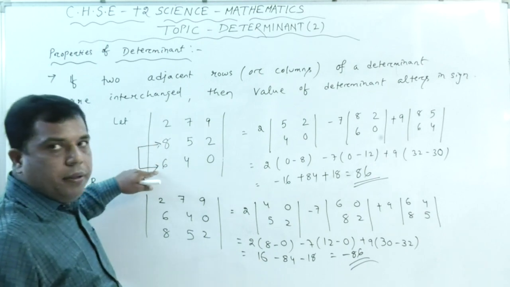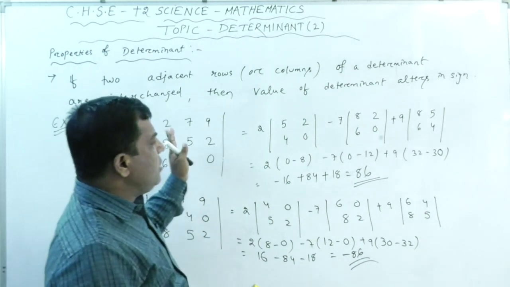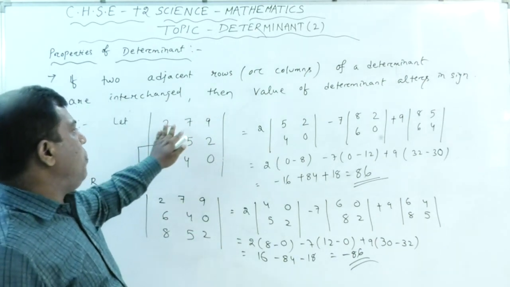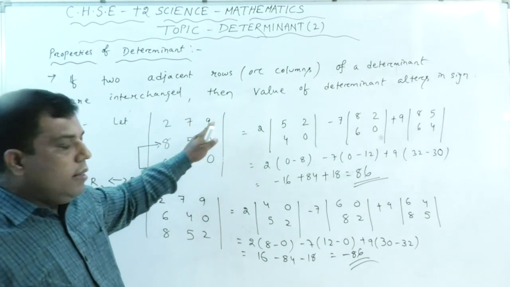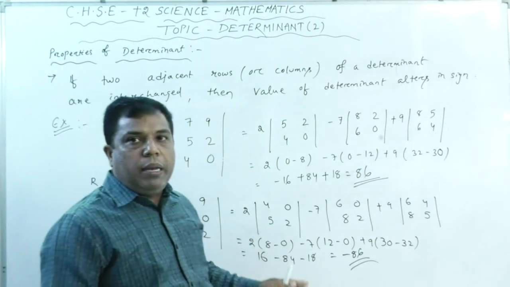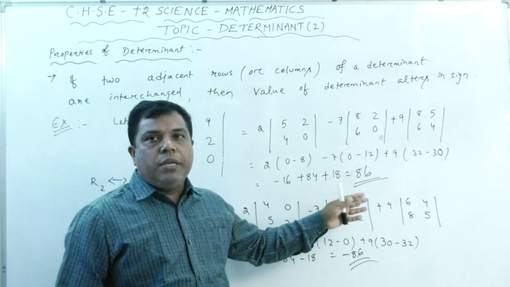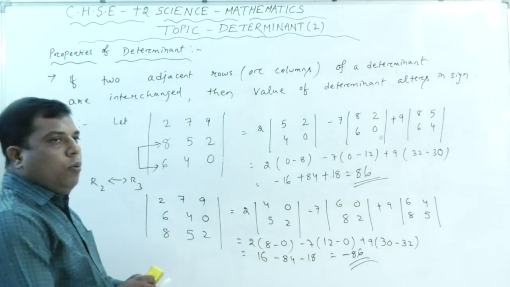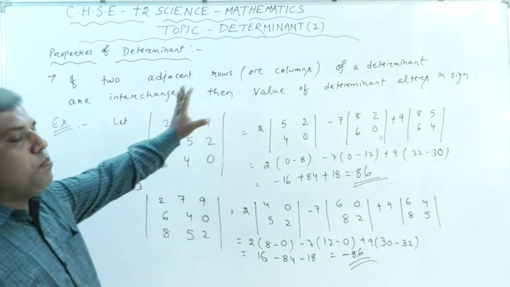Adjacent means nearby. Or you can change any two columns also, the first column and second column, or second column and third column. You can verify that the value of the determinant alters from the original. So with this concept, I hope you can understand this property.